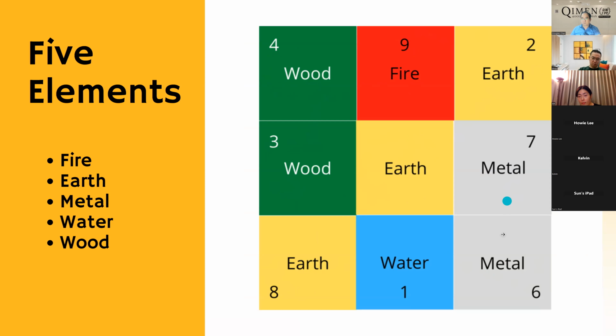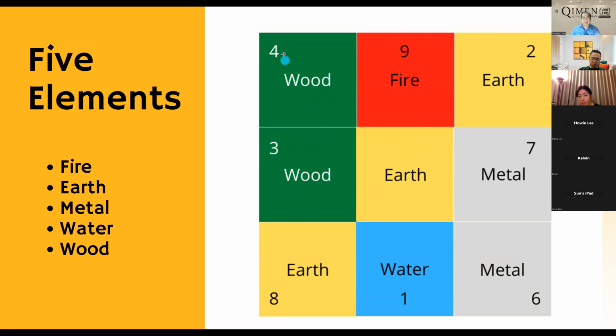Then 6 and 7 will be metal. So the idea is this: every single box has an element, and the element in each number is always the same. What do I mean by always the same?